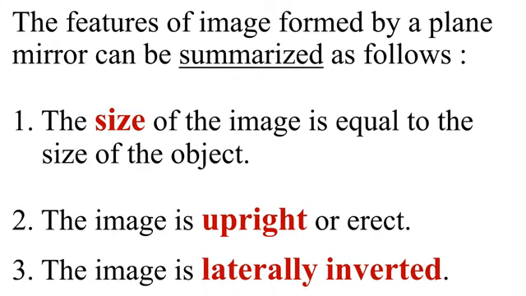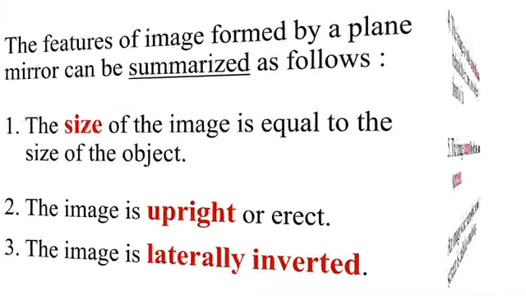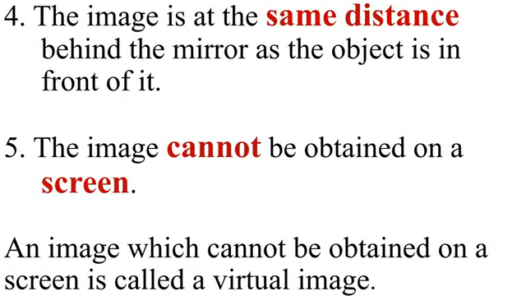The image is laterally inverted. Number 4. The image is at the same distance behind the mirror as the object is in front of it. Number 5. The image cannot be obtained on a screen.